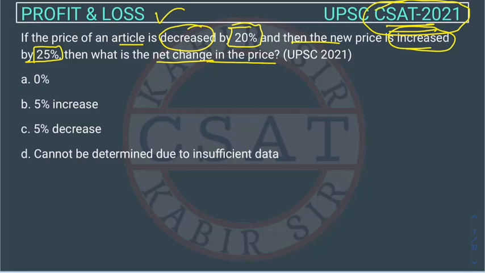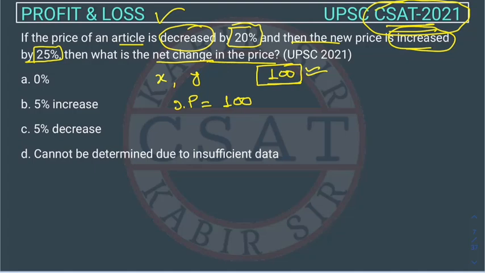If you remember from percentage, whenever we assume some figure like x or y for solving questions, in the case of percentage we normally assume 100 or a multiple of 100, because the calculation is easy. So we will assume that the initial price of an article is 100.